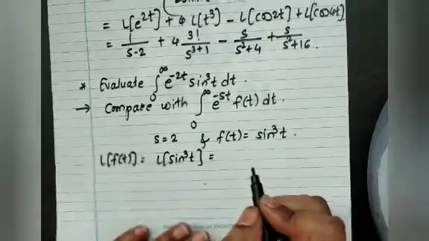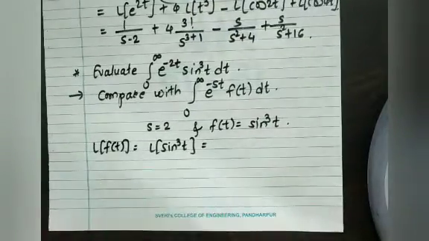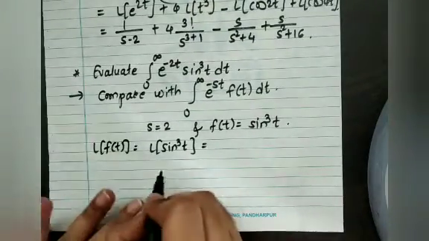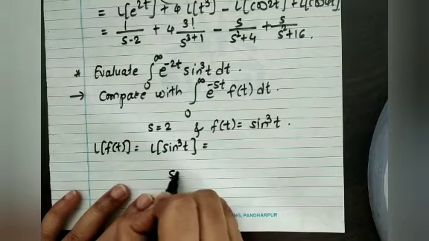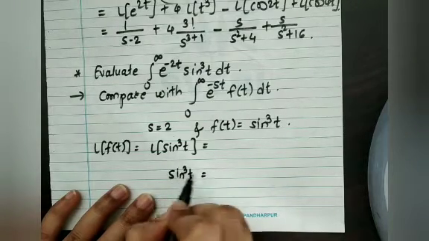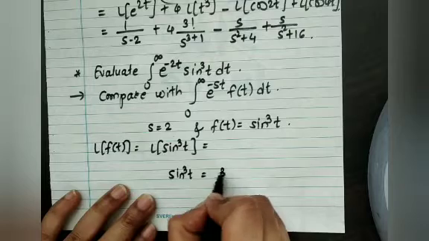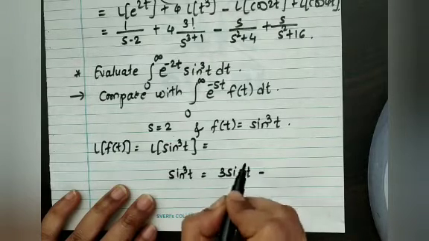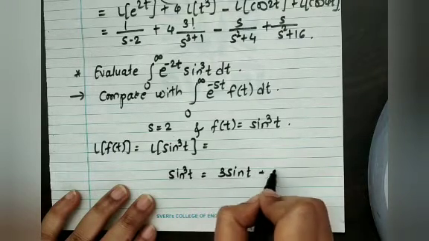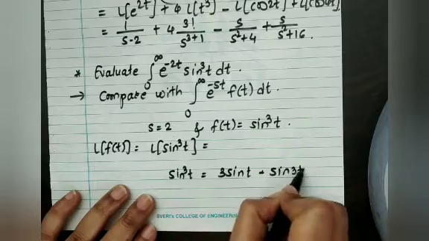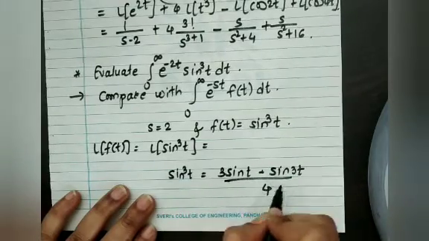For sine cube, we have to write the formula. The formula for sine cube t, we know, is 3 sine t minus sine 3t upon 4.